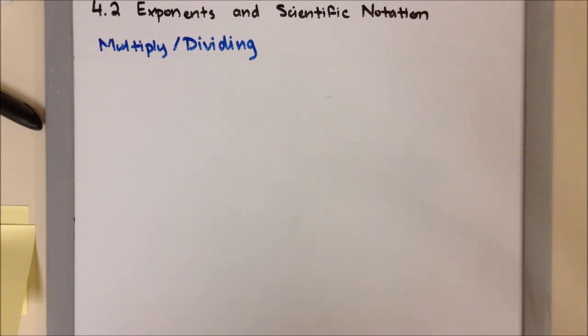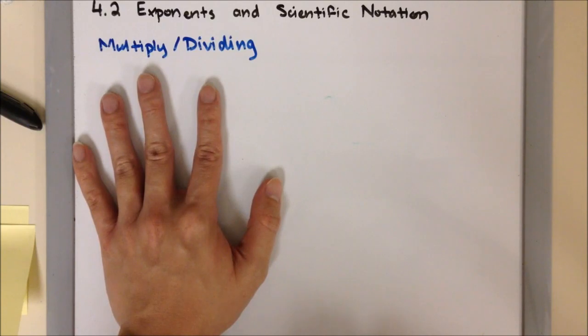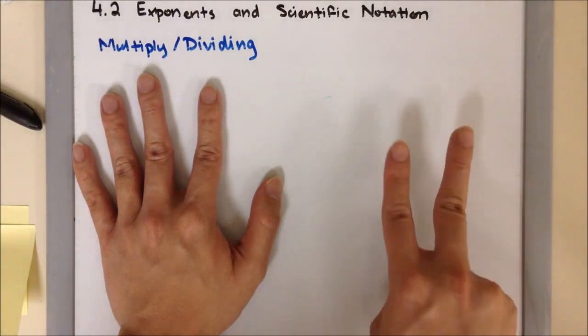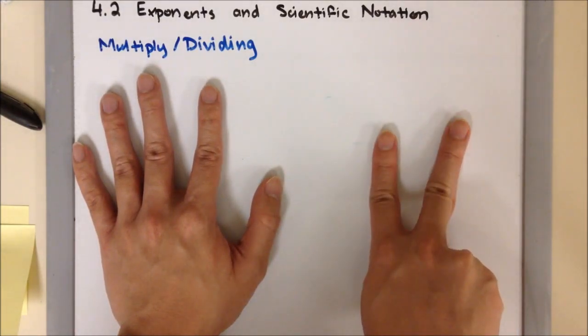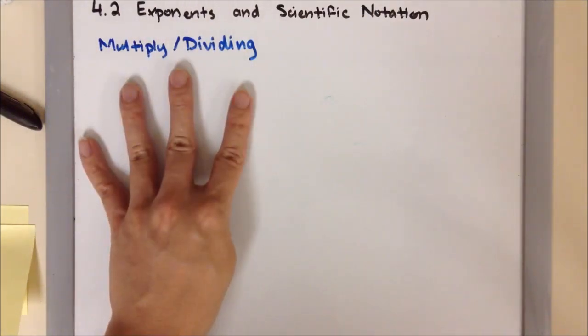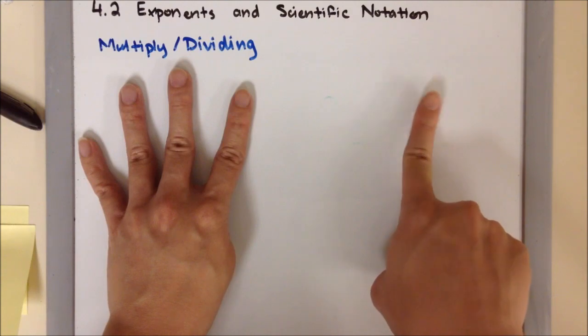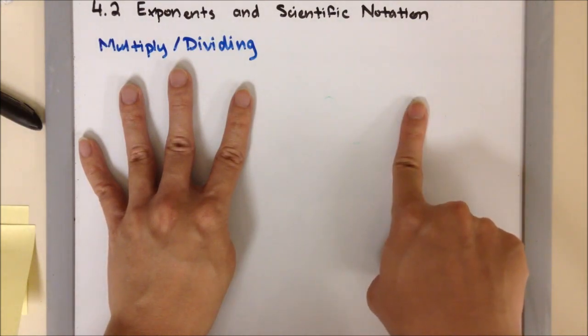in your problem. So for example, if you had one number with 5 decimal places and you had another number with 2 decimal places, you always want to go with the least. So if in another problem you had 4 decimal places and another number you had 1 decimal place, you always want to go with the least, 1 decimal place, in your final answer.